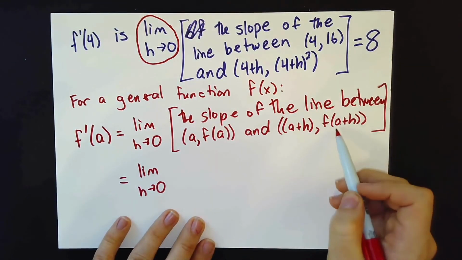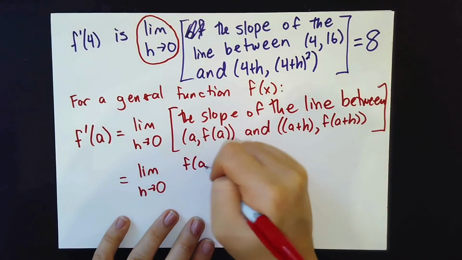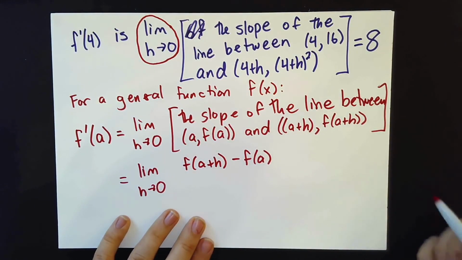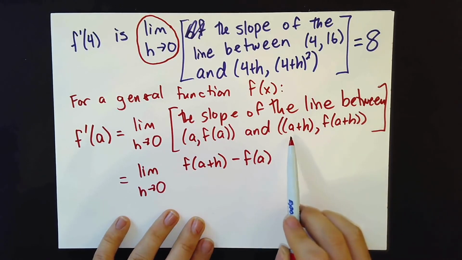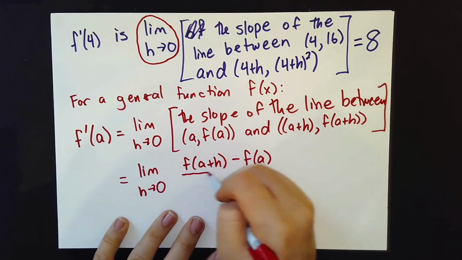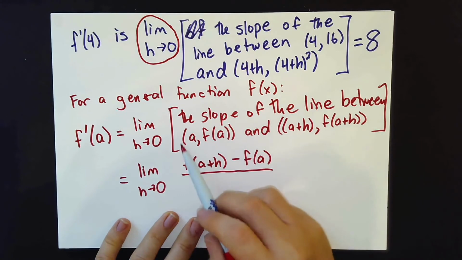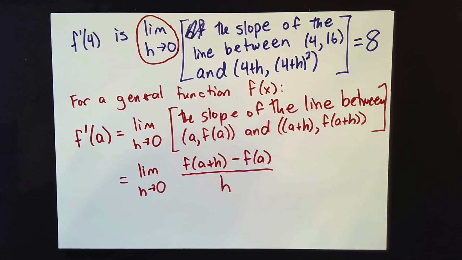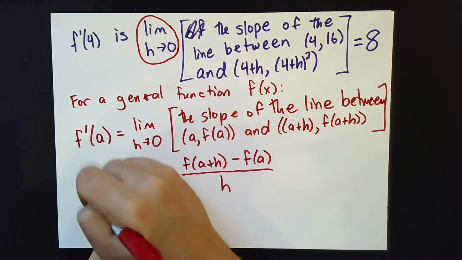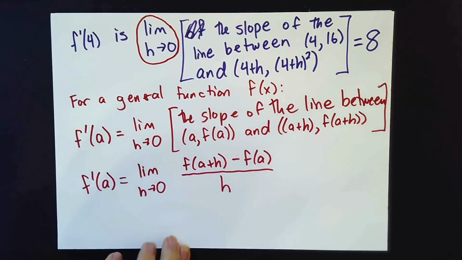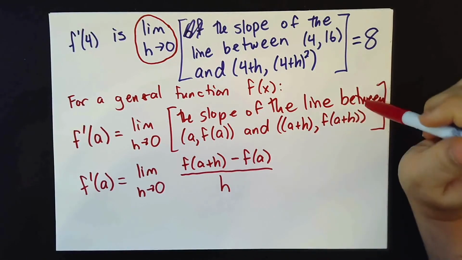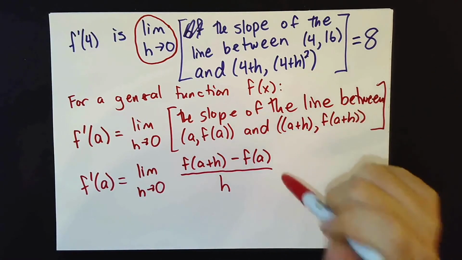Namely, this slope is f of a plus h minus f of a, divided by a plus h minus a, but a plus h minus a, that's just h. And so when we go to calculate derivatives in the future, we can go straight either to this line or to this line.